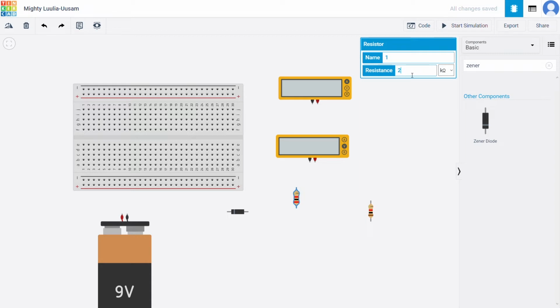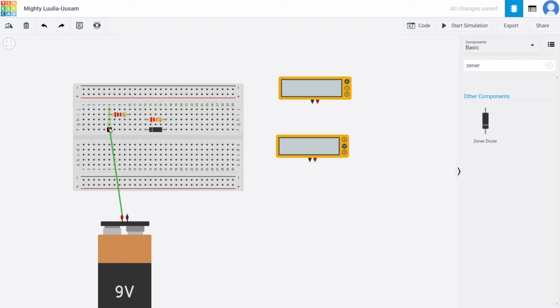This one is 270 ohm. Put it right here. And the second one is 22 kilo ohm. I'm going to supply this to our circuit.